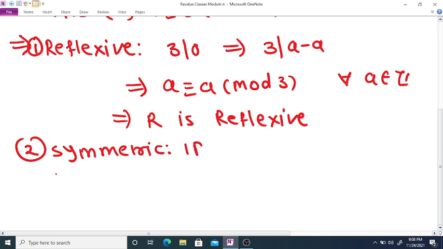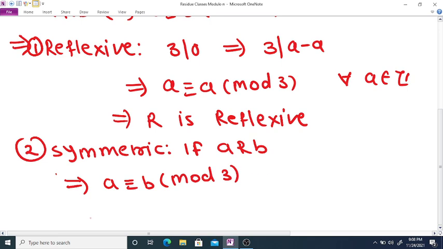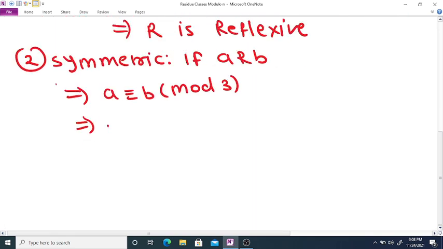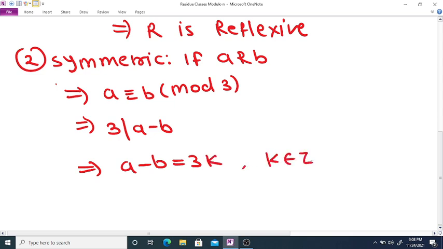If a is related to b, then a is congruent to b modulo 3. Now here we want to show that b is also related to a. Now a related to b implies 3 divides a minus b. This implies a minus b is a multiple of 3, a minus b equals 3k, where k is an integer. If you multiply both sides by minus sign, then b minus a is equal to 3 times minus k.